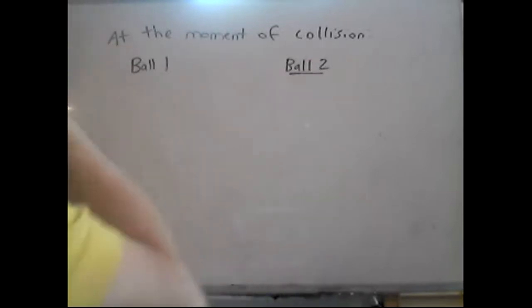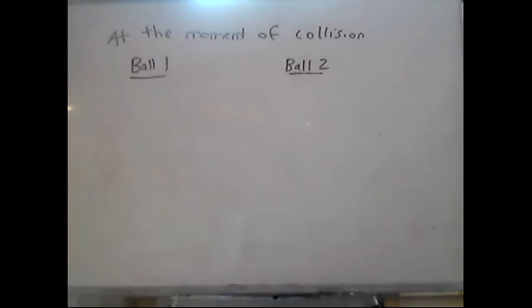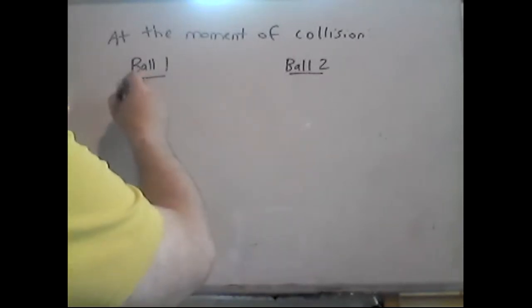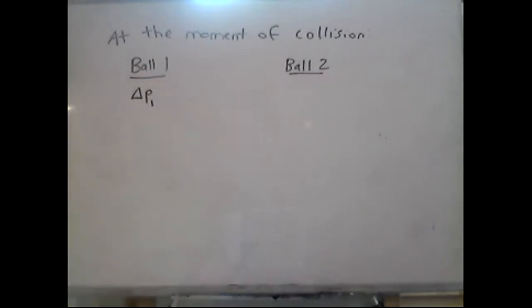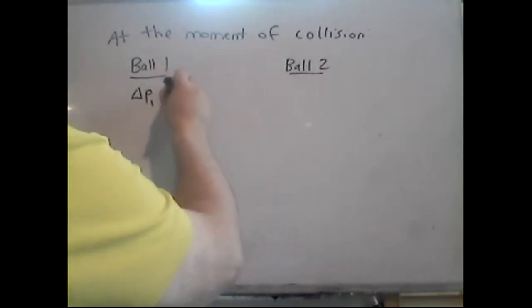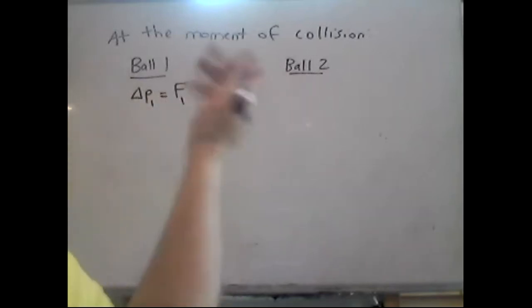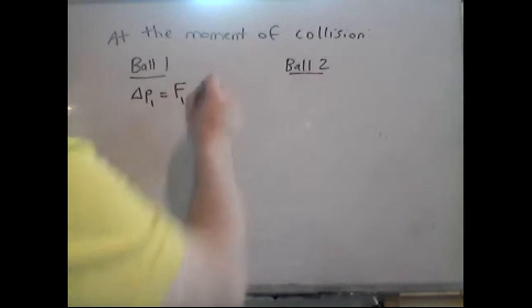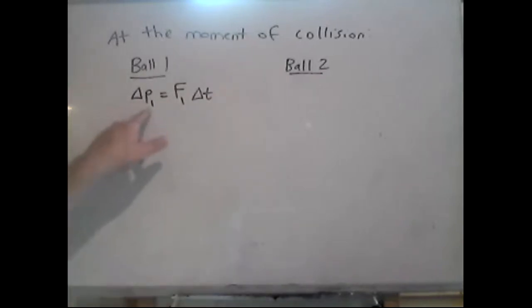All right. So ball one is going to experience an impulse. So it's going to say, okay, well, I have a delta P1. Why? Because I experience this very short time, this short duration impulse. So I experience this F1, which is like an average force that ball one felt over a time delta T. So ball one certainly experienced an impulse, a change of momentum.